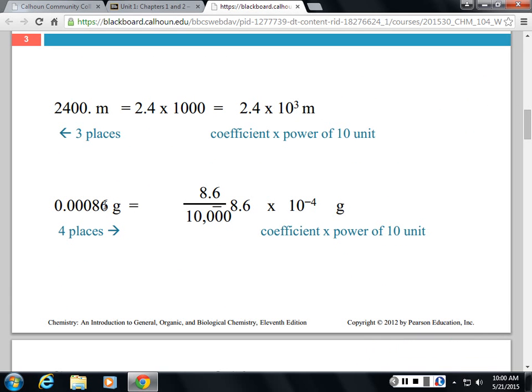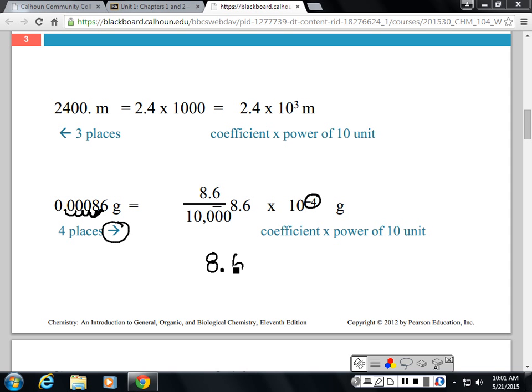If we look at a small number, this number is less than 1. So if we move our decimal, let me get my pen again. We move 1, 2, 3, 4. Oops, that didn't quite go over. We move 4 places. This time we move to the right. So we have a small number. If you move to the right, you have a small number, and so you're going to get a negative here. So we would say 8.6.